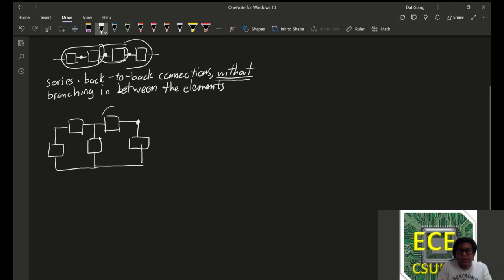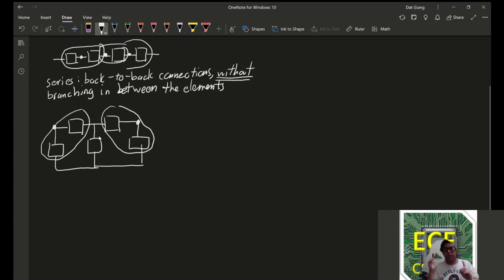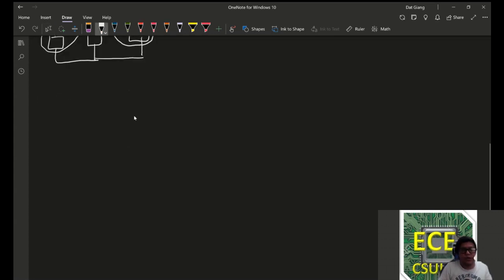But you can find a simple node here, and you can find a simple node here. But in between, we don't actually know what that is until we discuss the other topic, which is a parallel connection. I guess I should ask, what is the meaning of parallel?